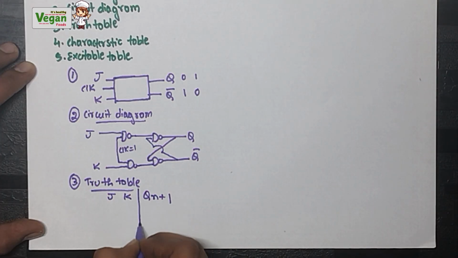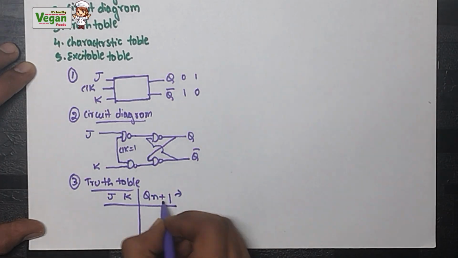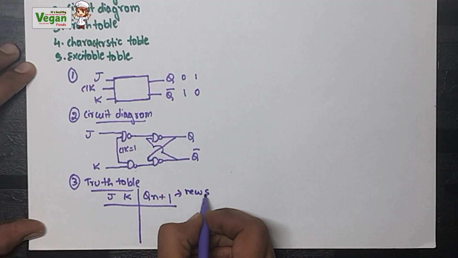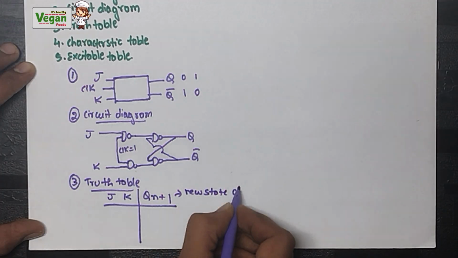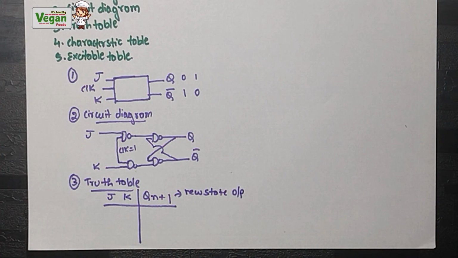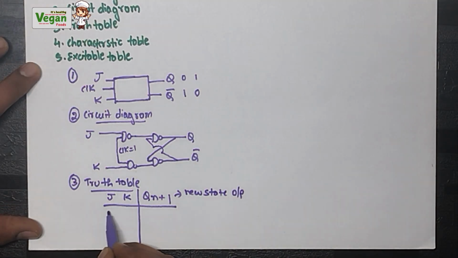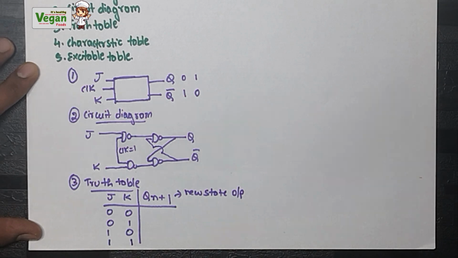The new state output, Qn plus 1, means new state output. Since we have two inputs, what will be their combinations? 00, 01, 10 and 11.